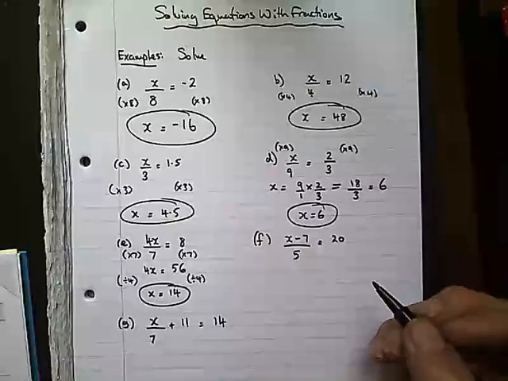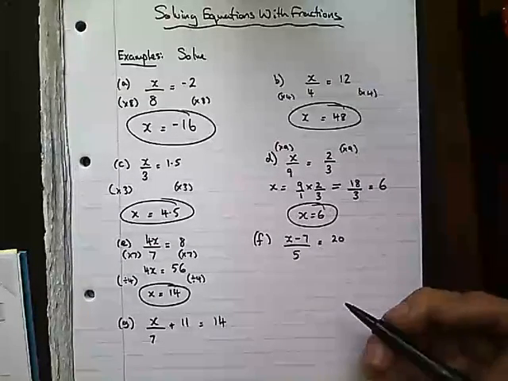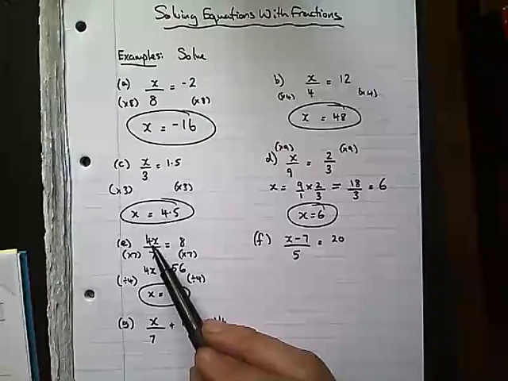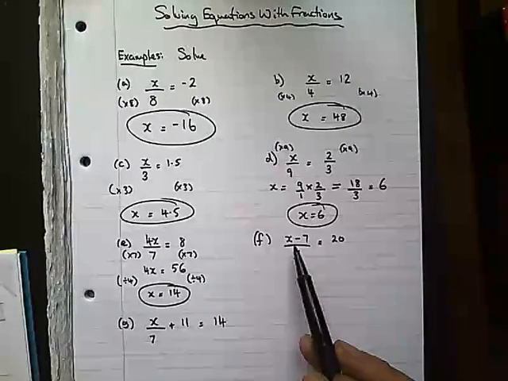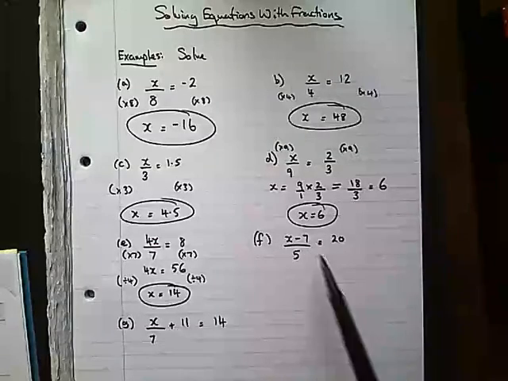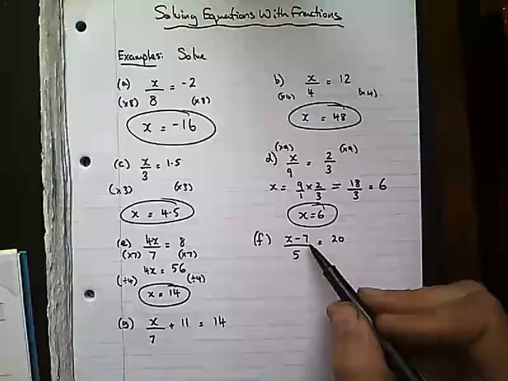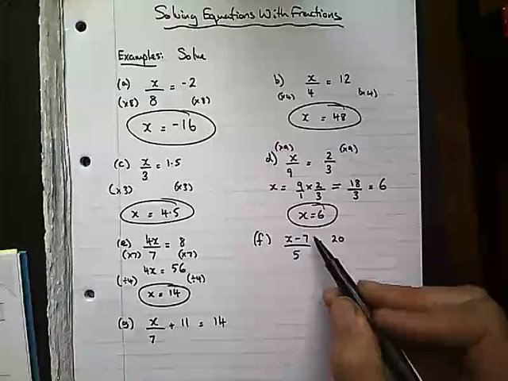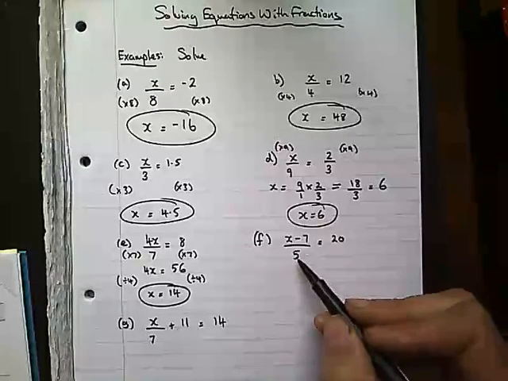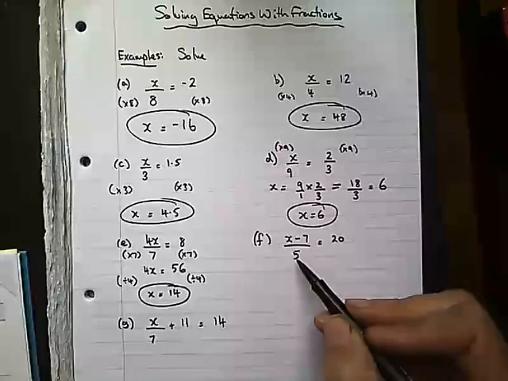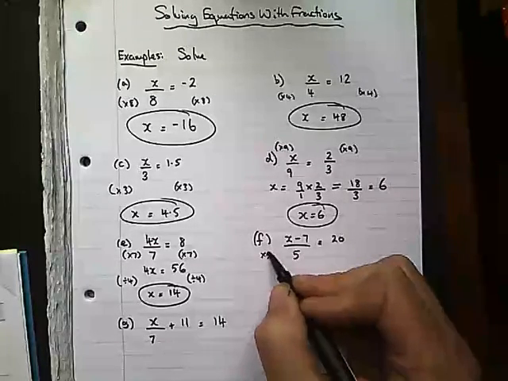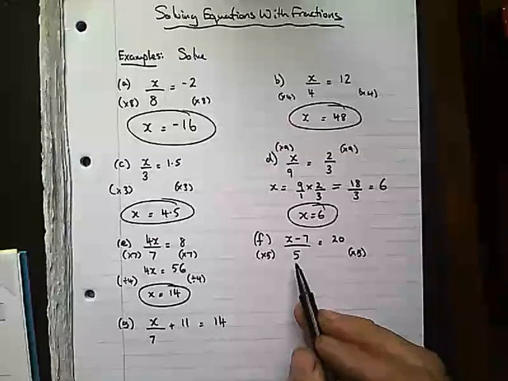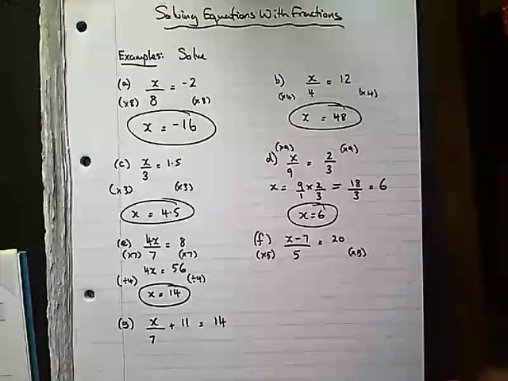Okay, example F. This time it's a two-step, but whereas I had 4x on the top, it's an x minus 7 on the top. So the first thing to do, because this is one whole fraction on the left-hand side, I need to undo this fraction bit. So I'm going to times by 5 on both sides. Because each fractional question is slightly different in some way.